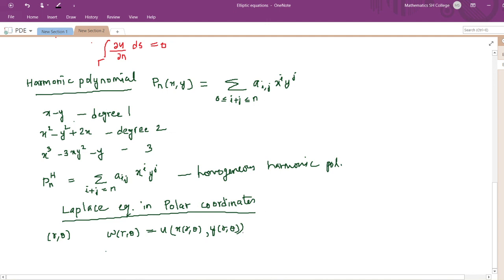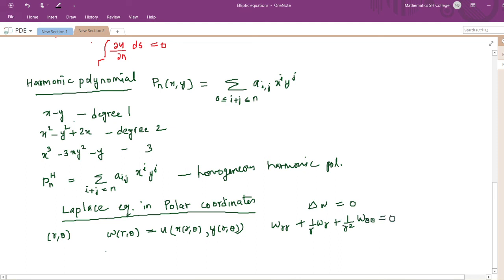The Laplace equation in polar coordinates is Δw = 0, given by w_rr + (1/r) w_r + (1/r²) w_θθ = 0.